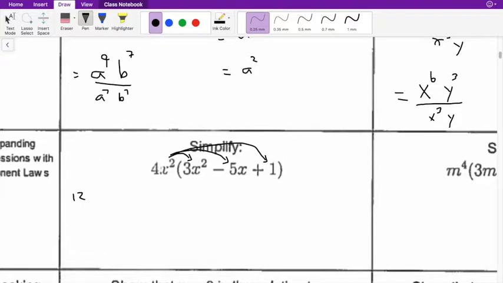Now again, we have multiplication of a base with an exponent. So we just did multiplication up here. We add them. So it's going to be x, and 2 plus 2 is going to be 4. Now 4 times negative 5 is negative 20. There's a 1 there. Add the exponents. x squared times x to the 1 is going to be x to the 3.